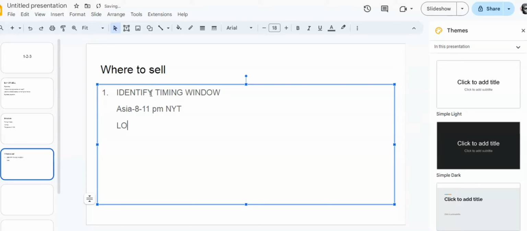And then for London is 2 to 5 a.m. New York time. And then for New York is 8 to 11 a.m. New York time. That is step number 1.